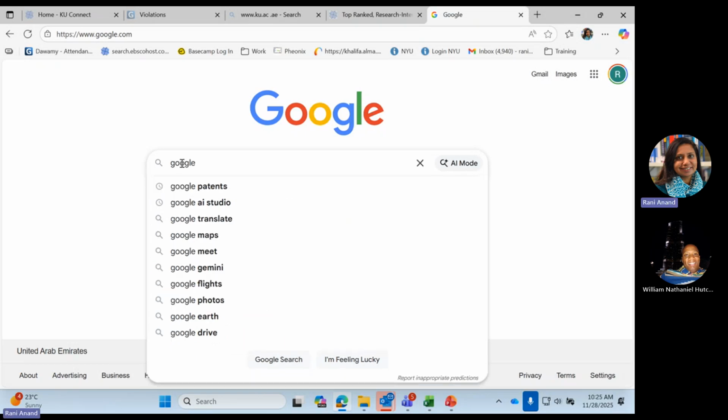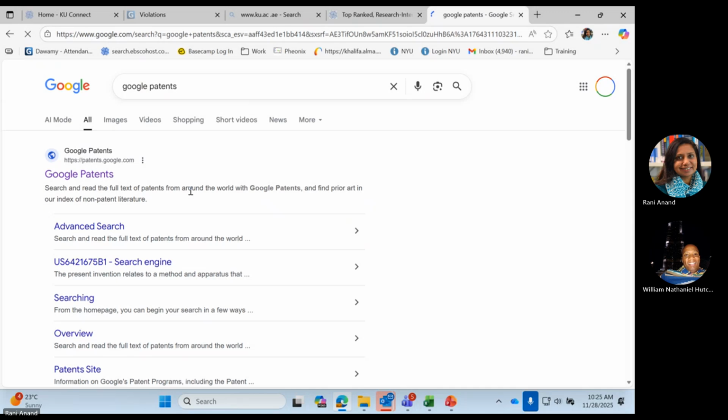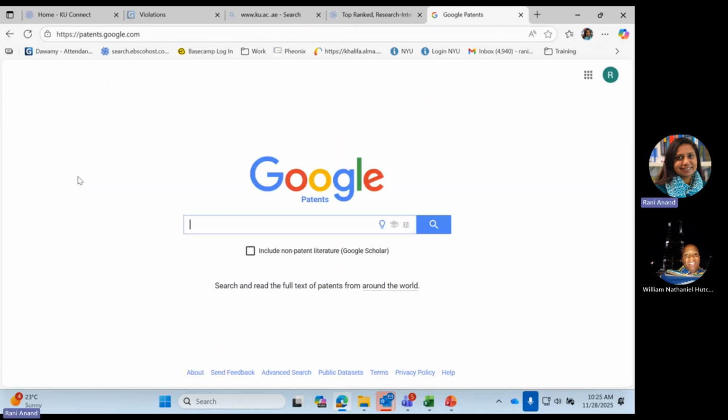Google Patents is the patent database from Google. It's deep and covers almost all patents from around the world. There is full text and abstract. For non-patent literature, it's Google Scholar. For patent literature, it's Google Patents.